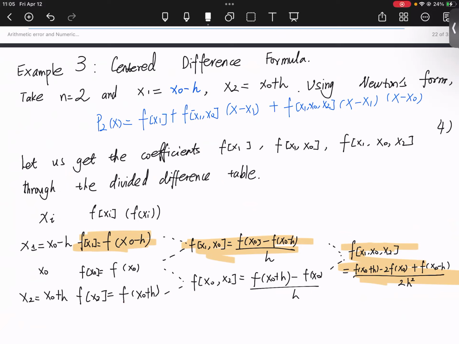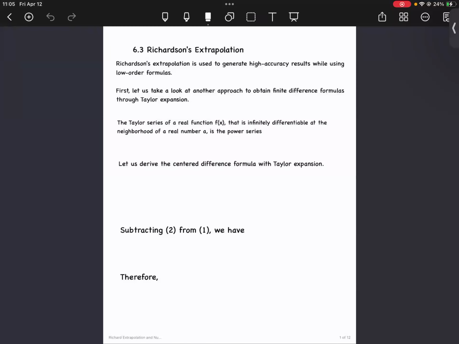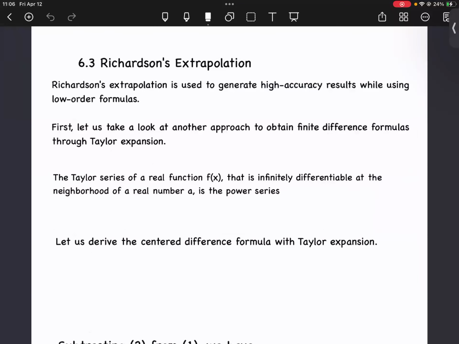So actually, today we are going to derive the Richardson's extrapolation formula with the Taylor expansion. So let's see. We call this method the Richardson's extrapolation. So first, let's take a look at this approach, and it's through the Taylor expansions.